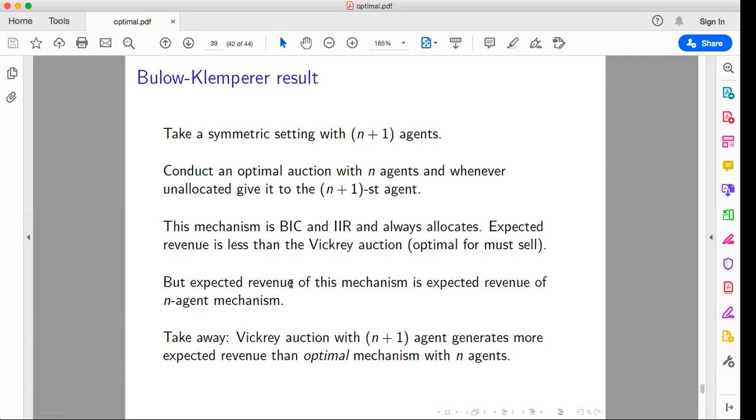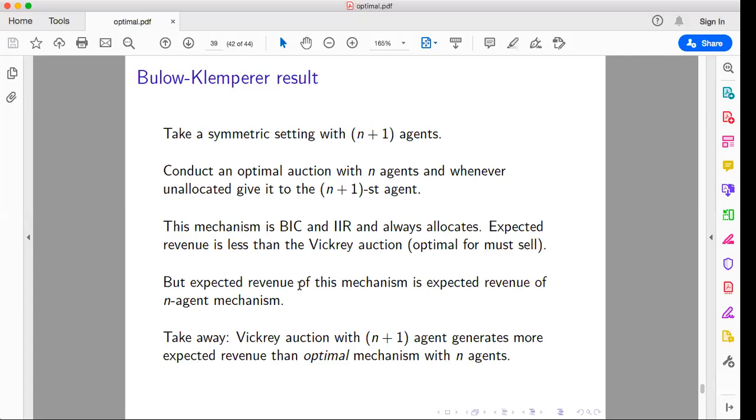So what we have, this mechanism is basically saying that I can always generate more revenue than the expected revenue of the n agent optimal mechanism, where the n agent optimal mechanism may ask me to set a reserve price, but this n plus 1 agent mechanism does better than that.